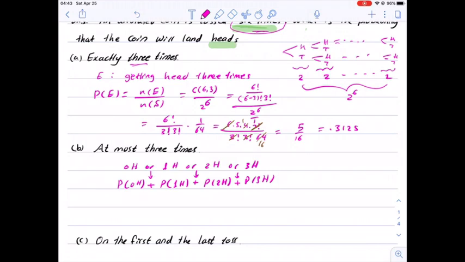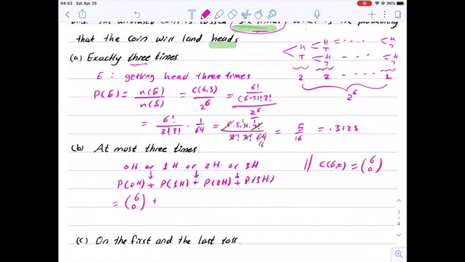Now the probability of getting 0 heads means that from 6 tosses we get 0 heads. And I used another notation for the combination. A combination can be written as C(6,0) or this way.